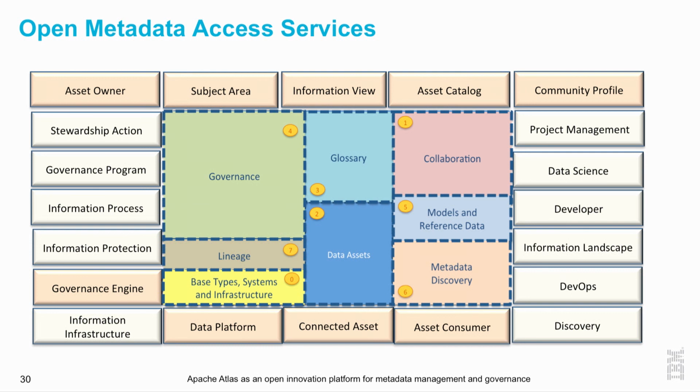Information view is used by virtualization engines in order to define views over data. Catalog is the search interface to allow people to find the data they're looking for. Community profile is the sort of core, allowing people to create a profile about themselves as they're providing feedback.